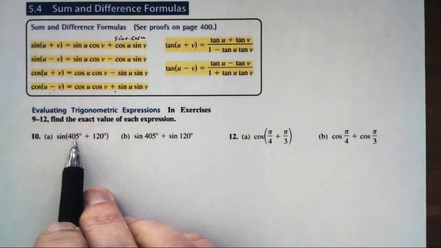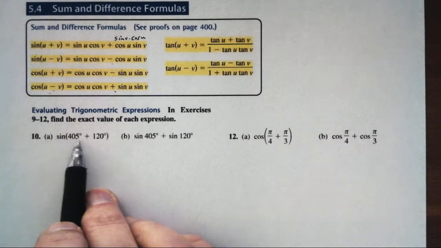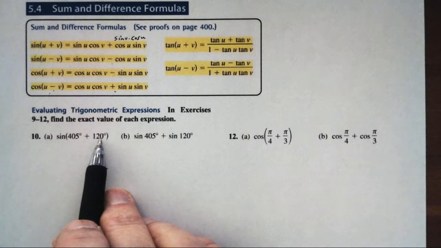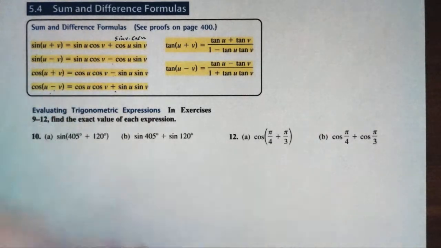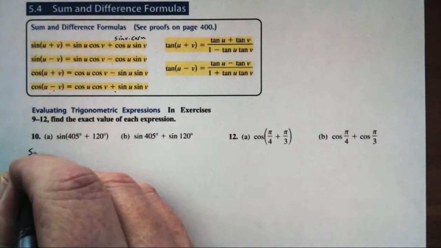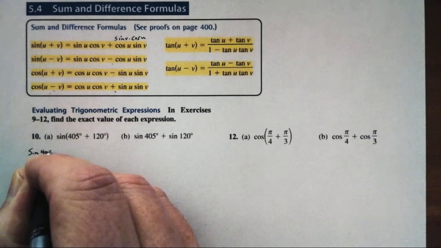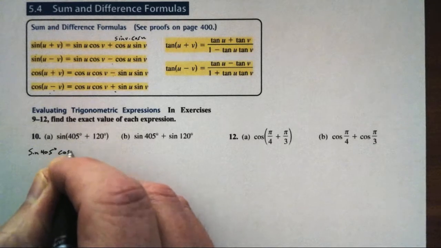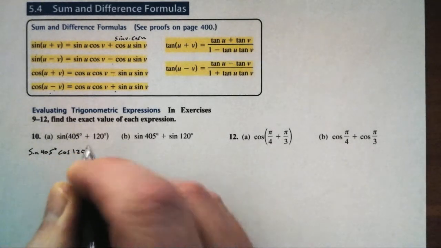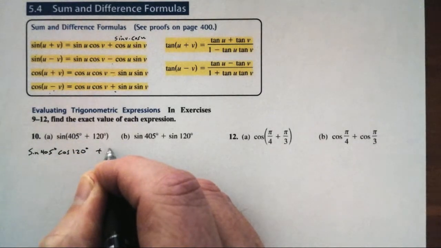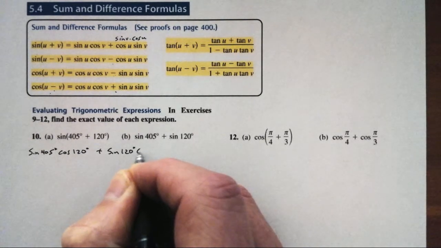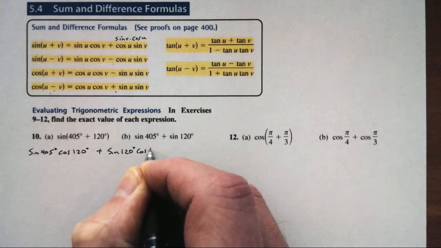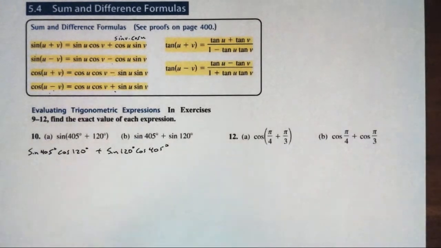405, well, that's 360, that's a 45, and 120s, we know those are good angles. I'm going to go ahead and treat this with our sum rule for sine, which says this would be sine of 405 degrees, cosine of 120 degrees, plus sine of, switch them, 120 degrees, cosine of 405 degrees.